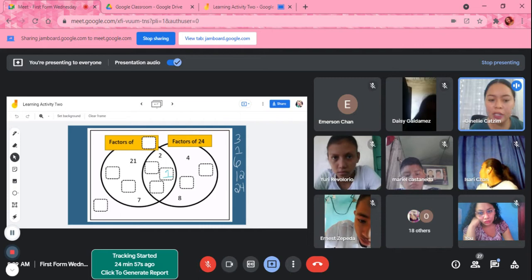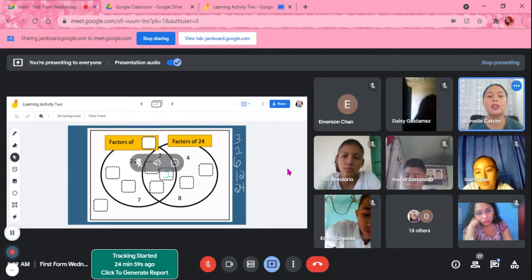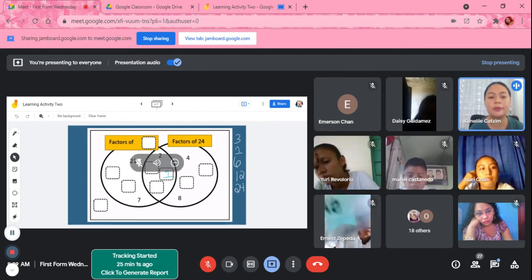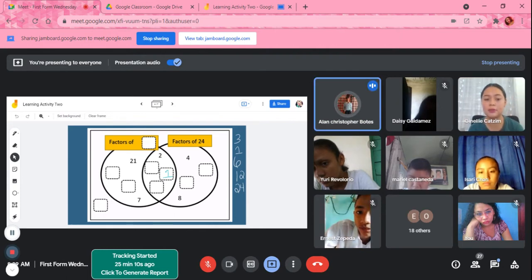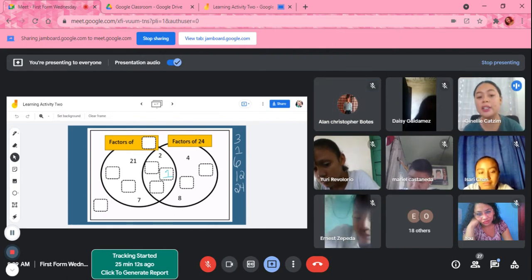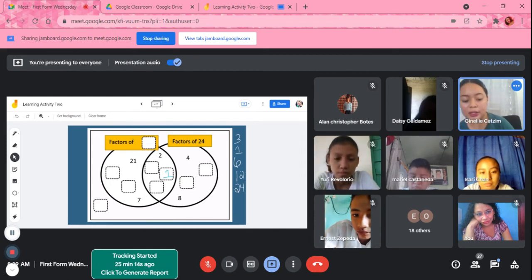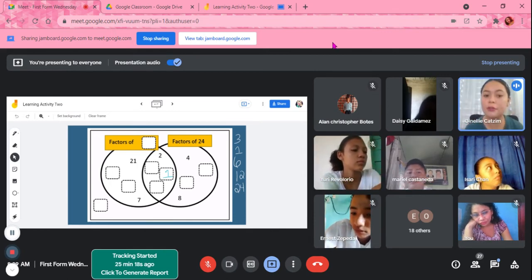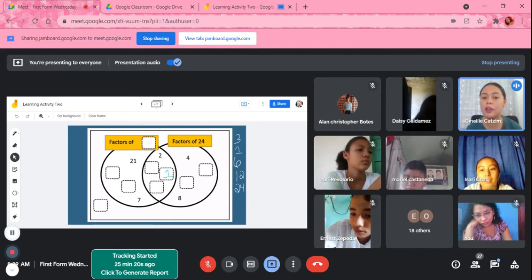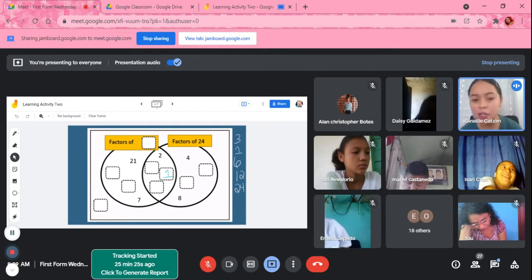So let's say 21. We know that if we multiply 21 by 2, we get 42, right? The answer is 42. So we can take that assumption that it is 42, but we also have to look at the factors of 42 to see if they overlap, if we have the same factors in the center.